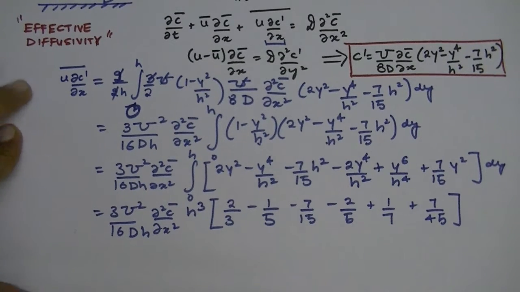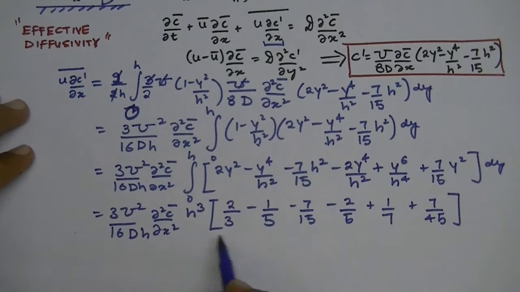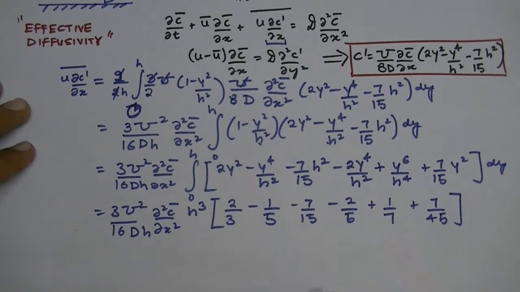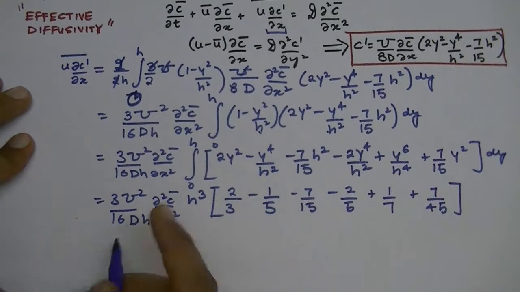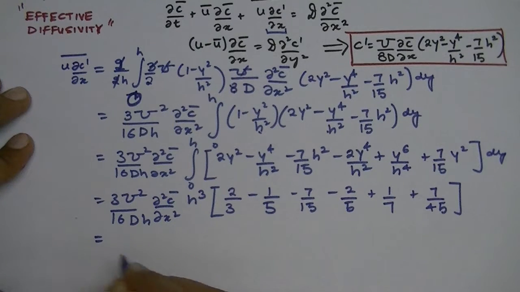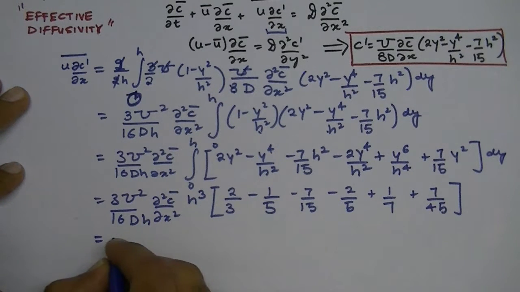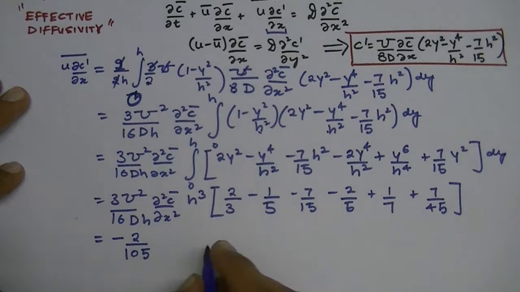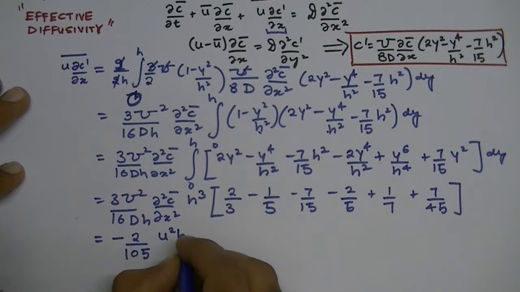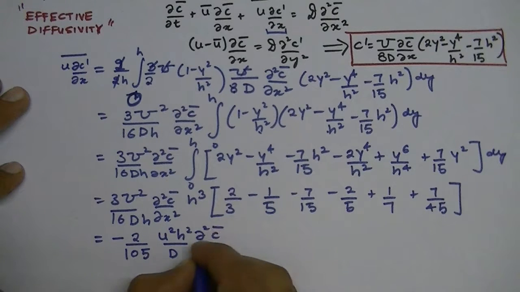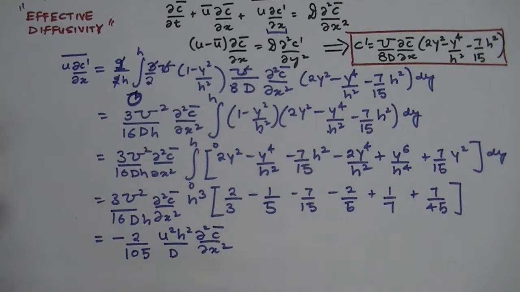So if we actually do this calculation, and you can check yourself, you would end up getting minus 2 over 105 u squared h squared over d del squared c bar by del x squared.